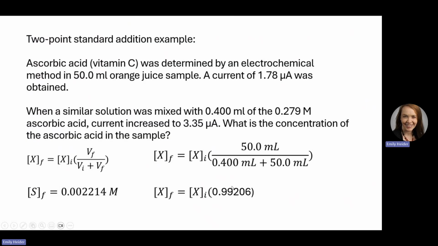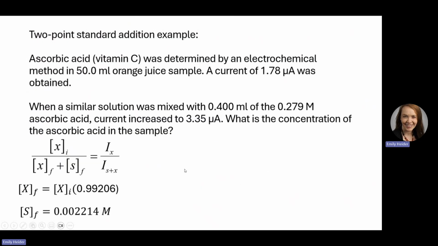So we'll have ascorbic acid final equals ascorbic acid initial times 0.9206, which is just the amount accounting for the dilution by adding the standard. Next, we're going to do a ratio of the signal of the ascorbic acid to the signal of the ascorbic acid plus the standard added. Let's plug that in here.